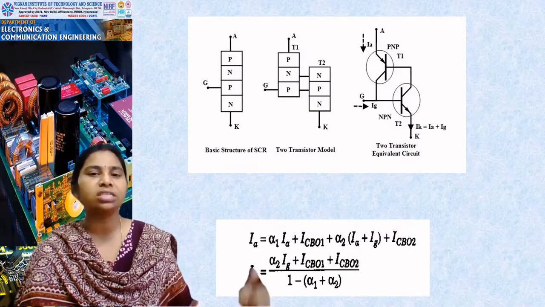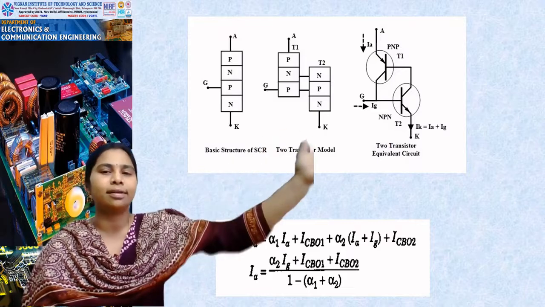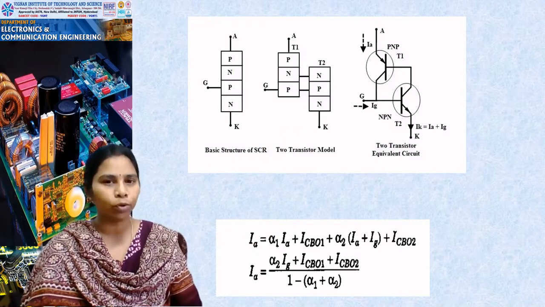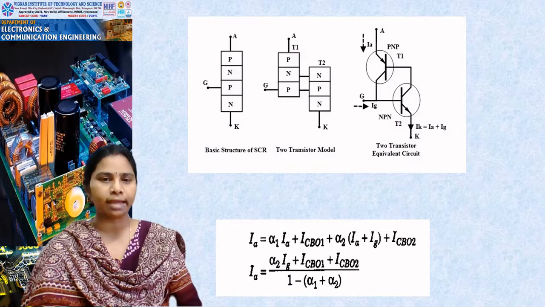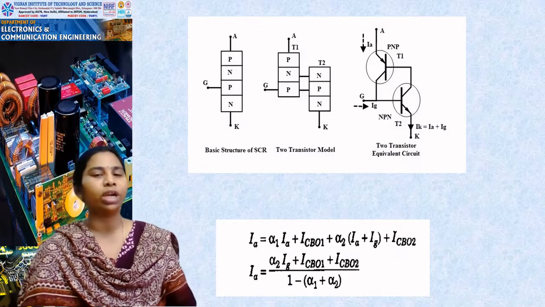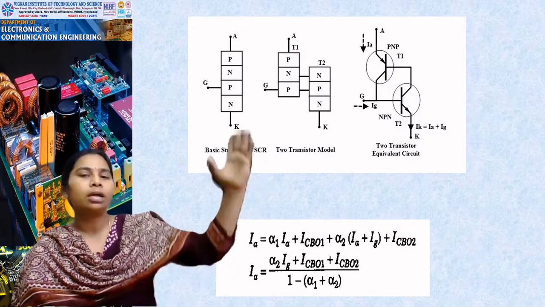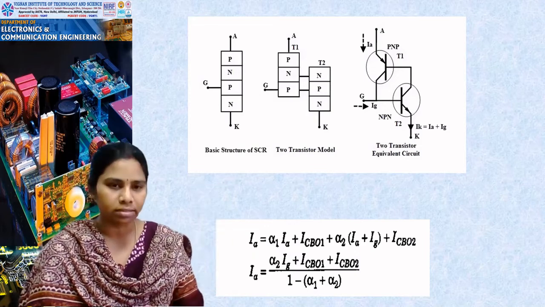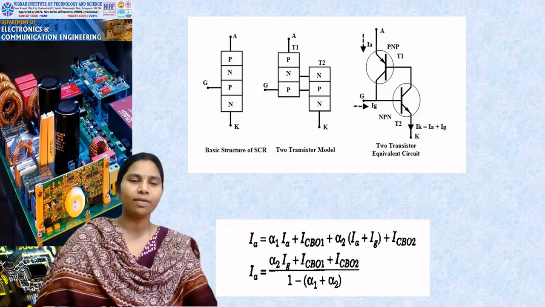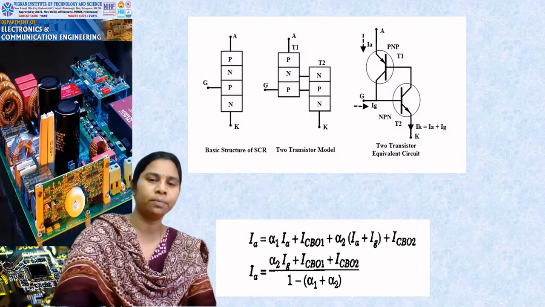Rearrange the equations from this 2-transistor version. When you apply a positive anode voltage with respect to the cathode, you will be able to derive the anode current with the equations of both transistors. Why do we need the 2-transistor version?